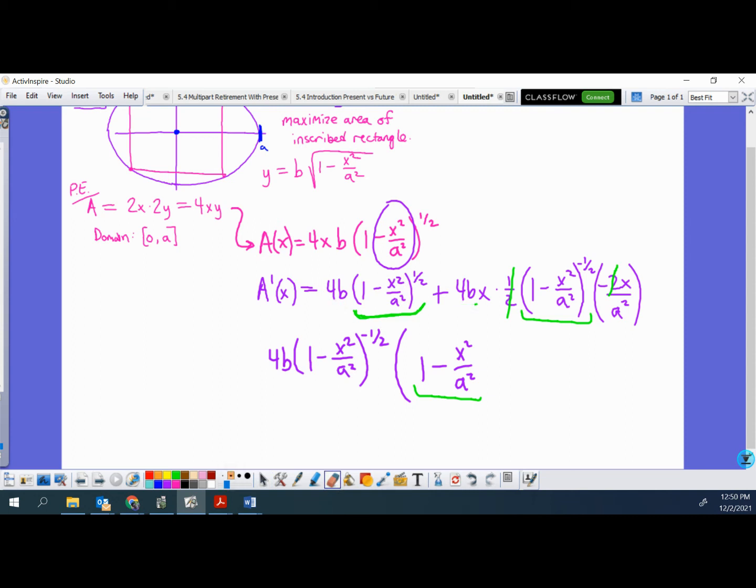And then the other one, we'll go red here. And from that term, we factored out, again, the 4b, that's covered, right? And that x is still there, right? So I need that x, and then this is still there.